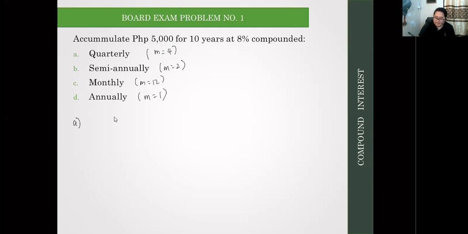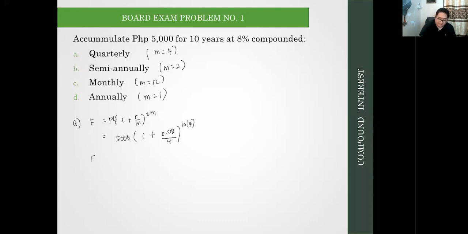So for quarterly, the future amount will use our formula: F is equal to P times (1 plus R over M) raised to TM. This will be 5,000 times (1 plus our rate of 0.08 over our M of 4), then our time, 10 years times 4.